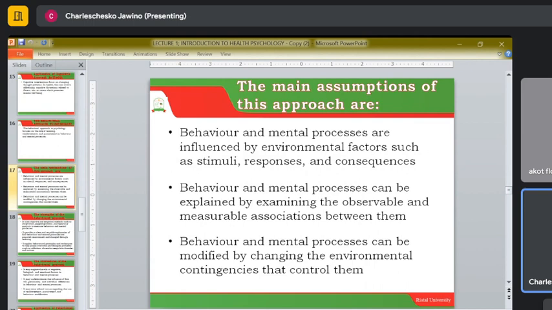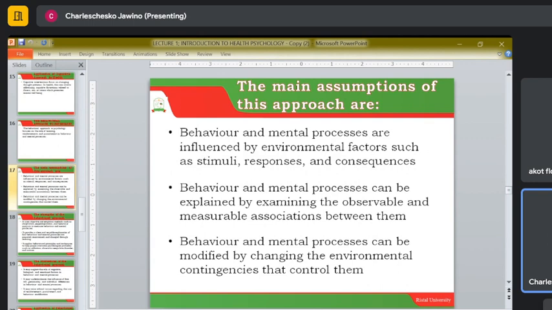It also assumes that behavior and mental processes can be explained by examining the observable and measurable associations between them. We examine, observe and measure associations between stimuli and their responses.